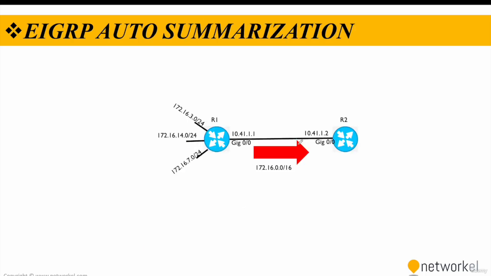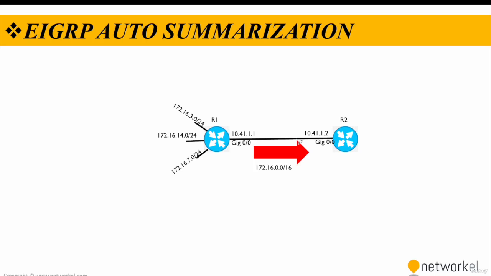Alright, we have something called EIGRP Auto Summarization. That is a feature, guys, in EIGRP that automatically summarizes the routes at classful boundaries.